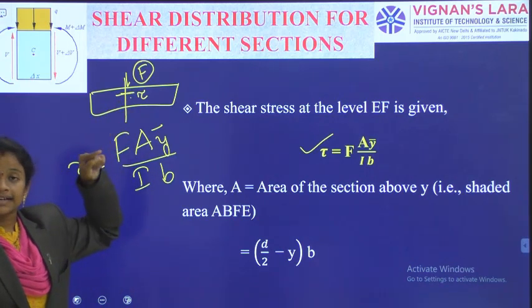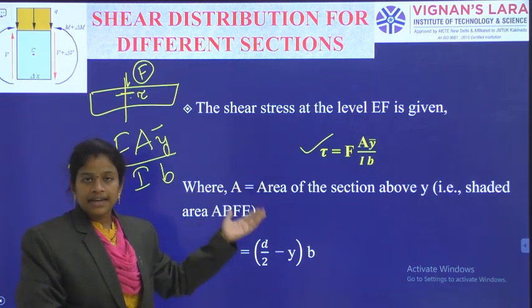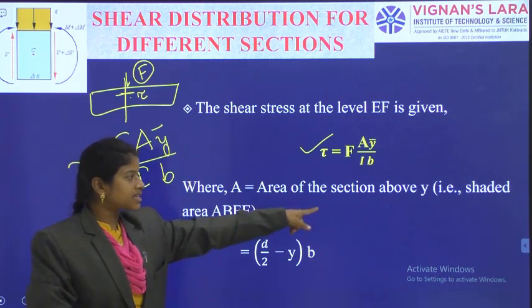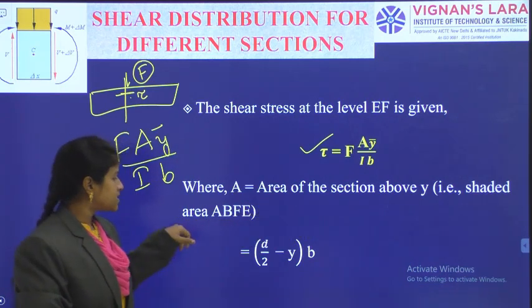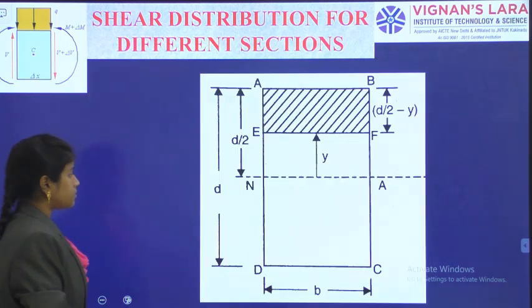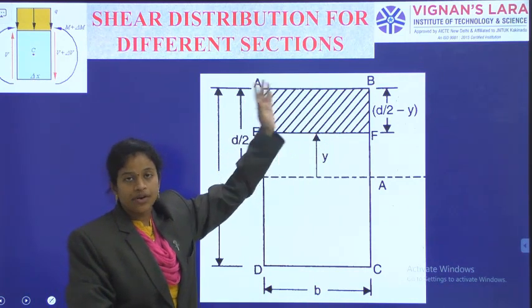So as I am calculating the shear stress at the level EF, I need to consider the area of the cross section of the beam above the level EF. Okay, area of the section above the level y, that is the shaded portion ABEF or ABFE. See here, ABFE is the shaded portion I should consider.